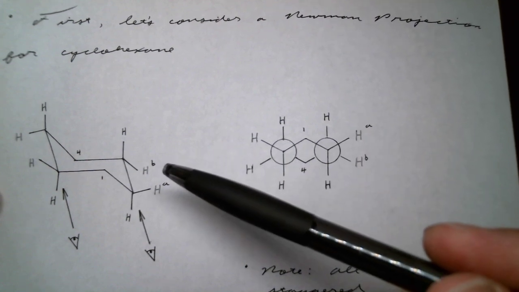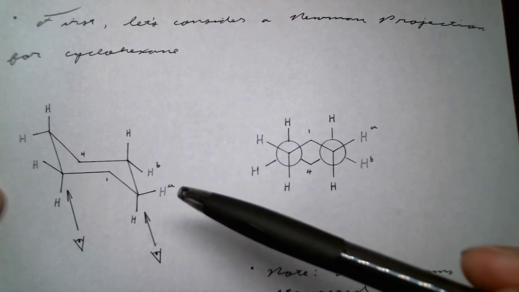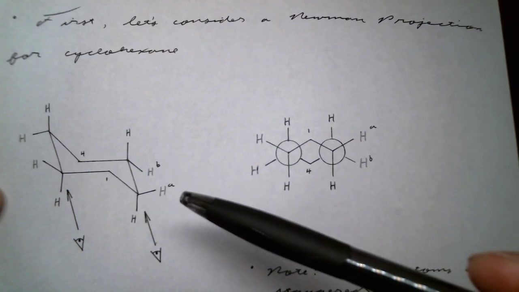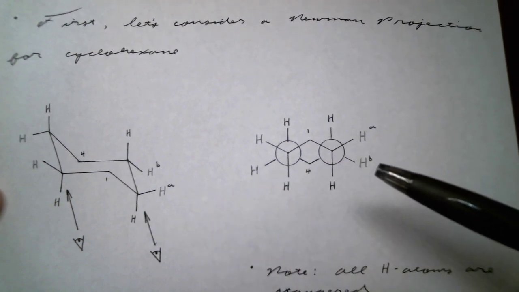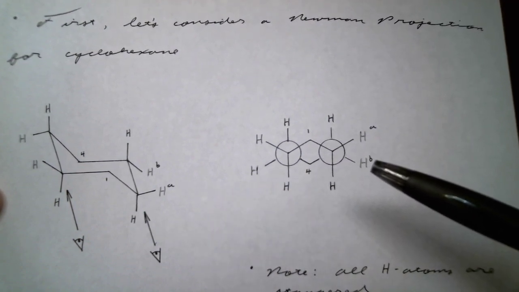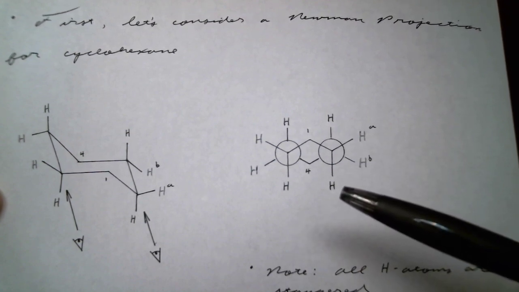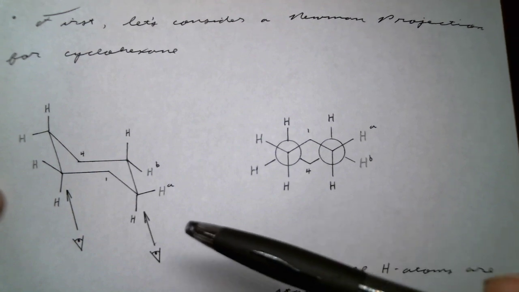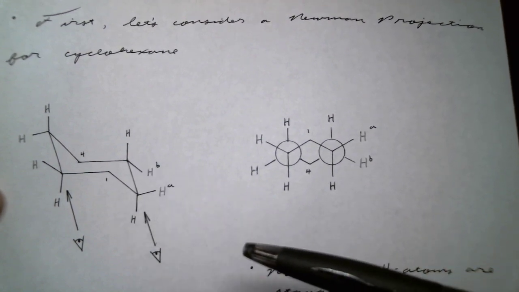Now, even though in the chair cyclohexane diagram HB appears above HA because of the way the three-dimensional structure is turned, in the Newman projection, where does HB appear? It appears staggered between HA and the hydrogen that goes straight down in front on the right. And that's because of the way this eye is sighting down that carbon-carbon bond.